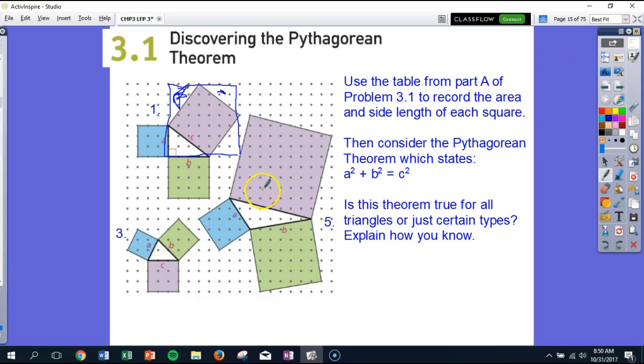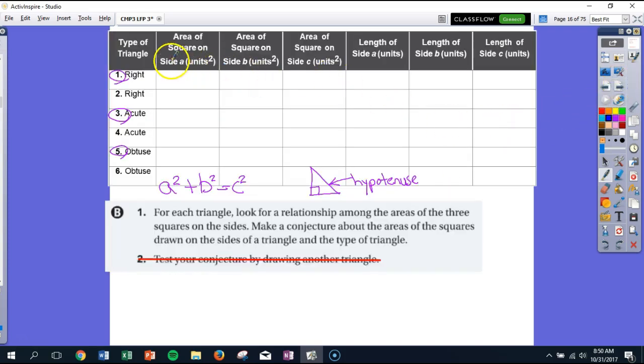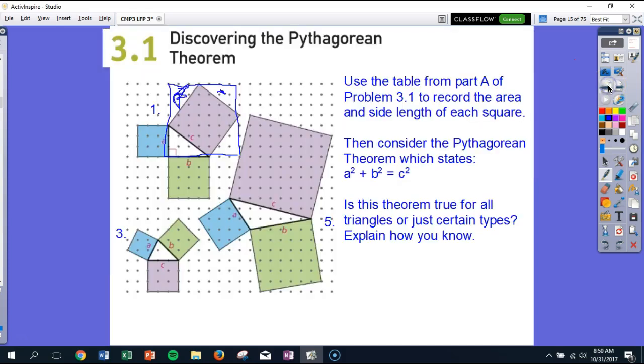Let me show you in the table. You're going to take the number in this column, plus the number in this column, and see if it equals the number in this column. That's how we add up our side lengths for the Pythagorean theorem.